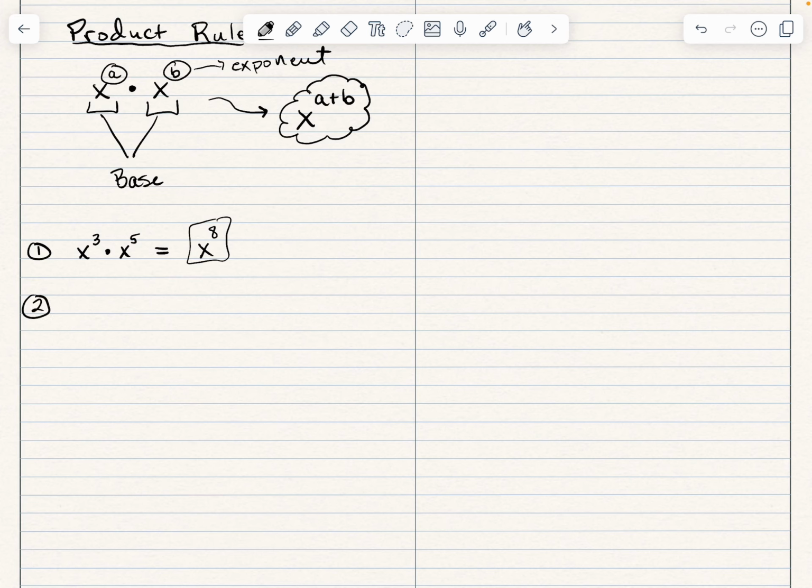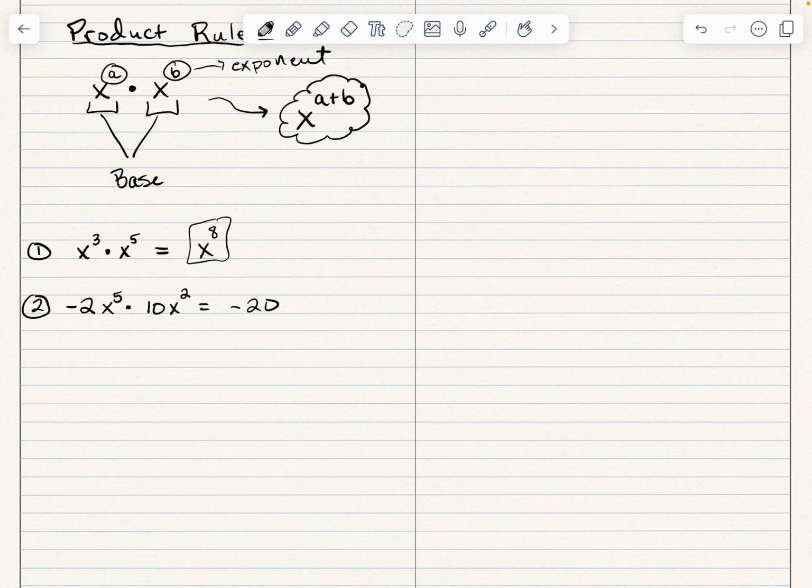Now, what happens if we have some numbers or coefficients in front of the x? Say we have negative 2 x to the fifth times 10 x to the second. Well, you can still multiply these coefficients by each other. Negative 2 times 10 is still negative 20.